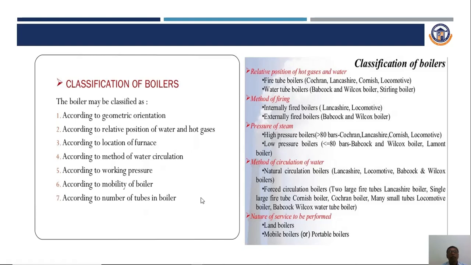Further classification: fire tube and water tube boiler; method of firing, internally fired and externally fired boiler; pressure development, high pressure and low pressure boiler; method of circulation of water, natural or forced circulation; nature of the service, land boiler or mobile boiler. It was already discussed in the previous slide.